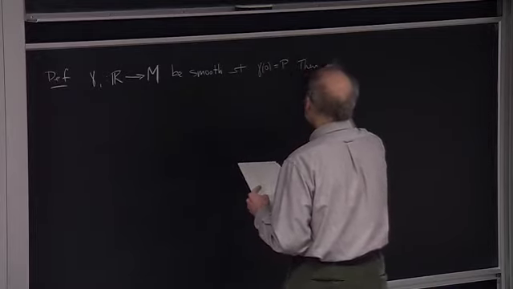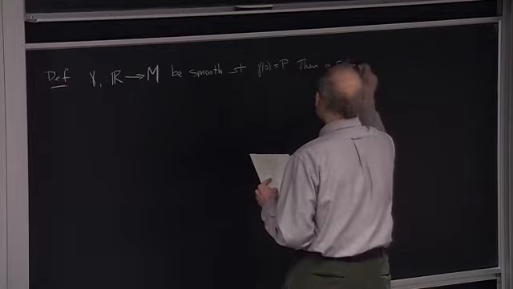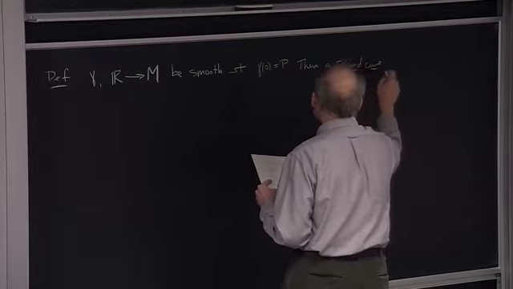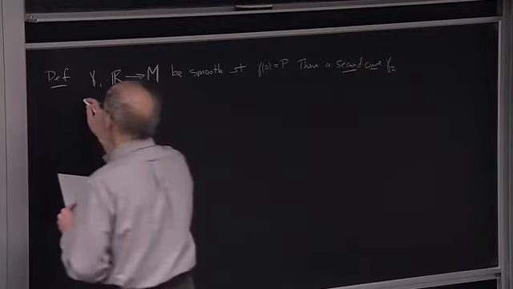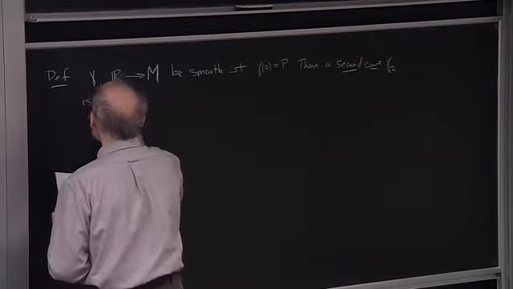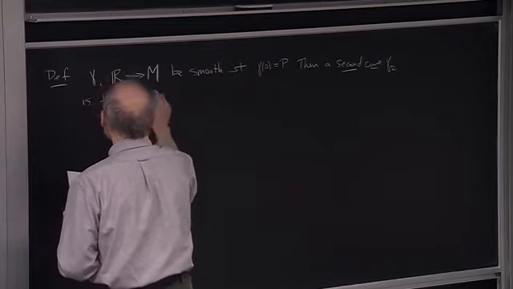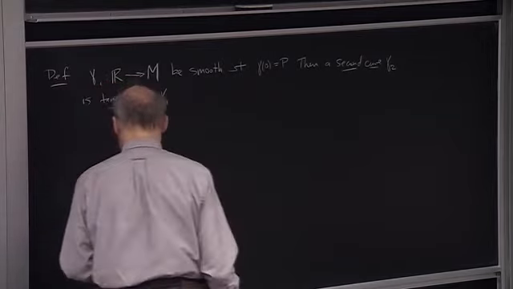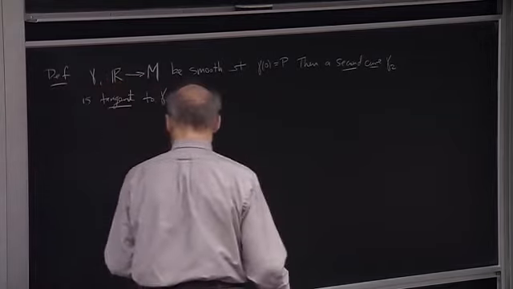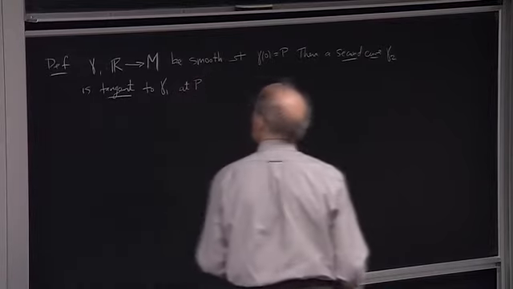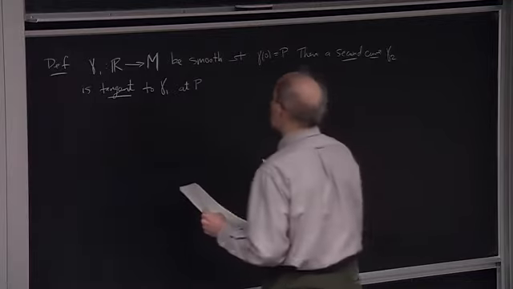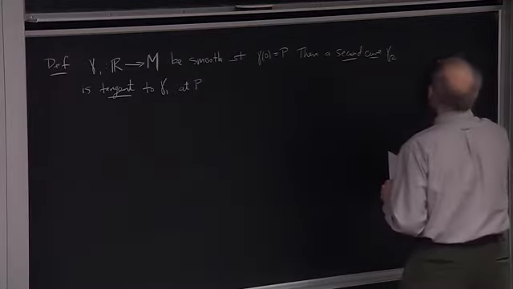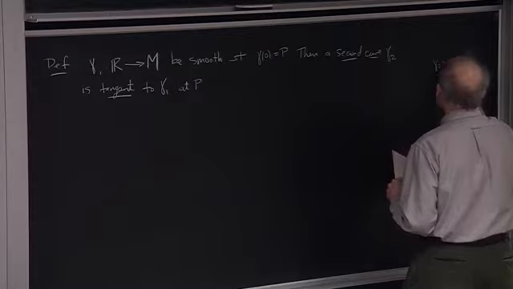Then the second curve, gamma 2, is tangent to gamma 1 when we're at p, imagining, of course, that gamma 2 also goes through p. So I'll imagine that gamma 2 of 0 is also equal to p.